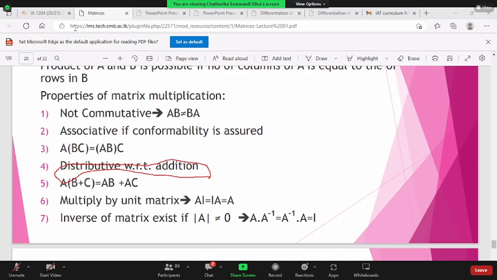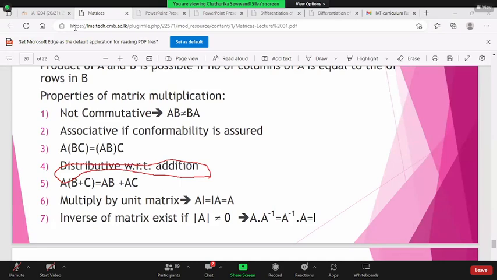What is the method that you have undergone to calculate the inverse of a matrix? A inverse is equal to adjoint A over determinant A. Yes.